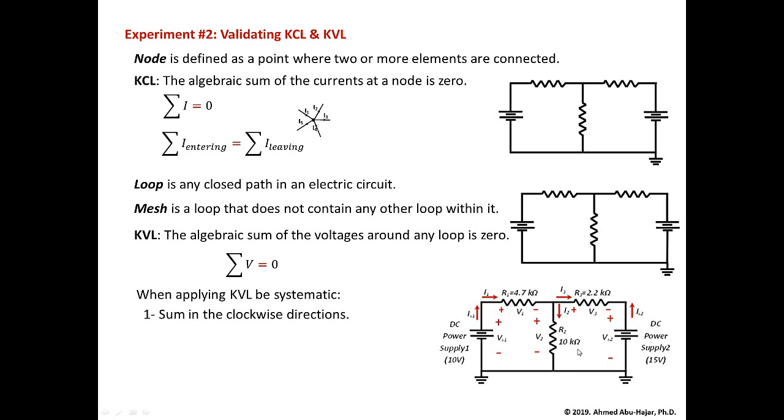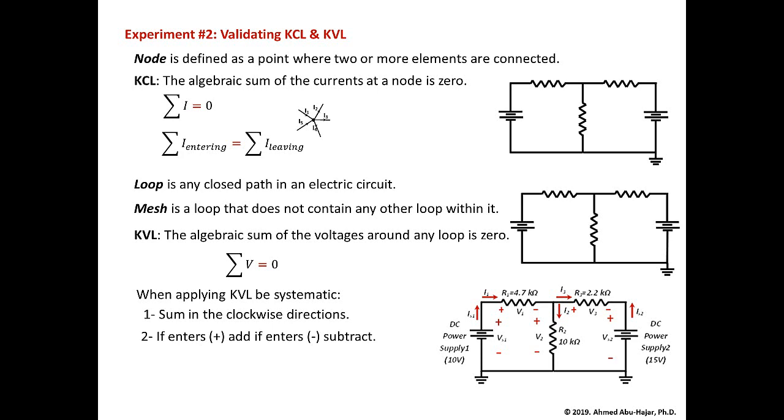It's a systematic approach. This is the way I do it. Most textbooks will do it this way. It's better to have a systematic approach when you apply KVL. The second systematic approach is if I enter the plus polarity, then I'm going to add. And if I enter the minus polarity, then I'm going to subtract.